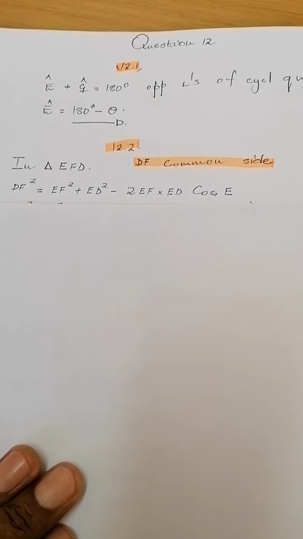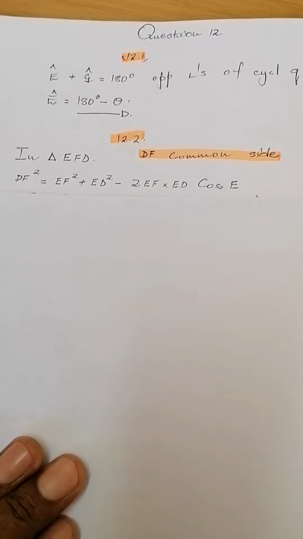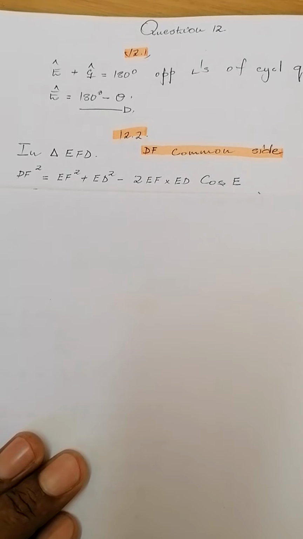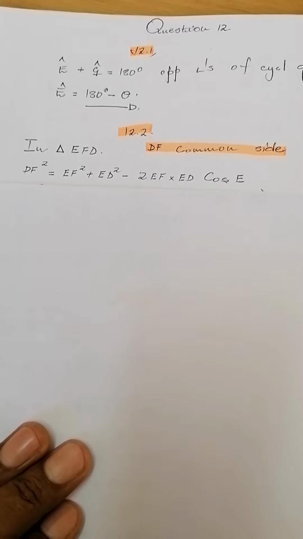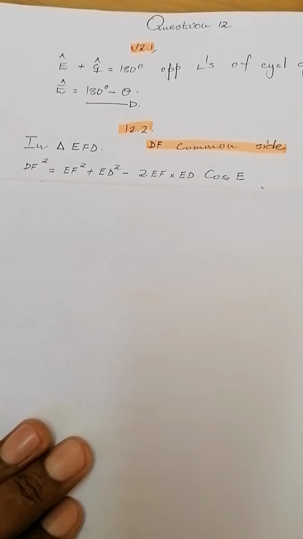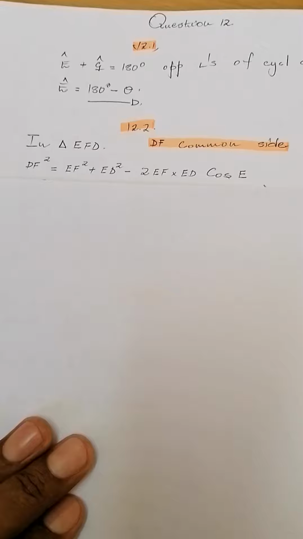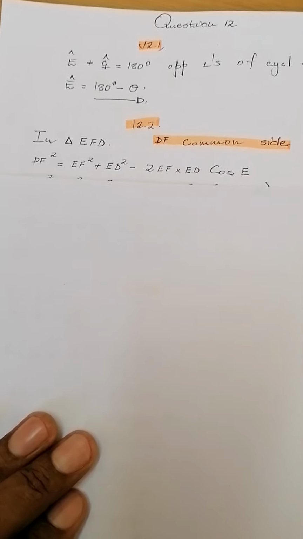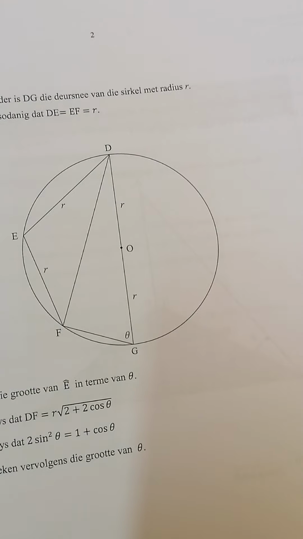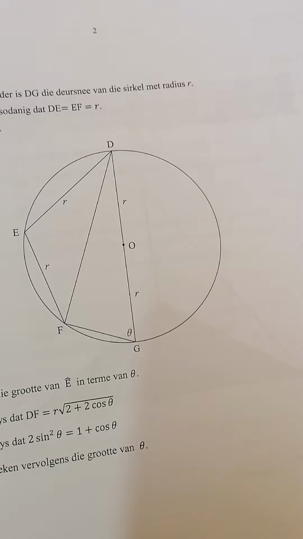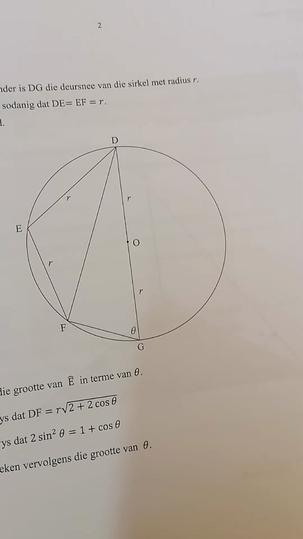It would be DF squared is equals to EF squared plus ED squared minus 2 times EF times ED cos of the included angle. I went on to substitute. Remember, ED and EF, each one of them was said to be R. Now, we substituted there.